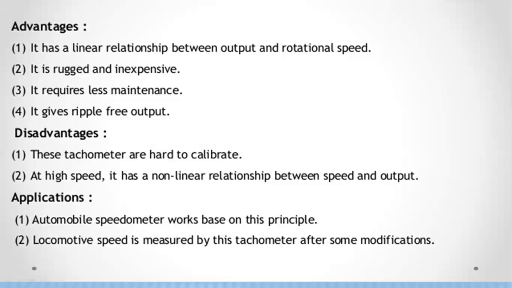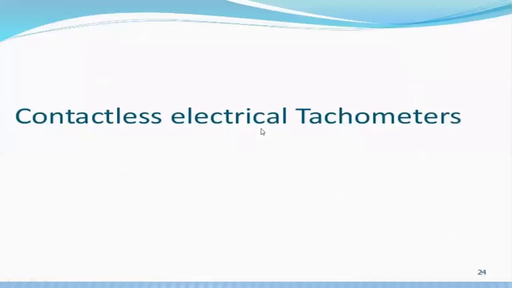The locomotive speed is measured by this tachometer after some modifications. So after some modifications of these electrical tachometers, we can also measure locomotive speeds. So these are the different advantages, disadvantages, and applications of the electrical tachometers.